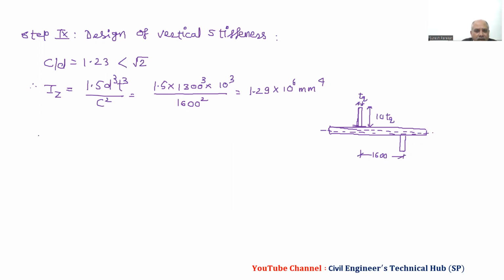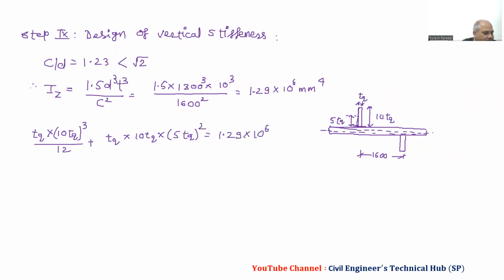And then we have this value bd cube by 12: tq into d, that is 10 tq cube, divided by 12, plus A h square. Area is tq into 10 tq, multiplied by h square. We have to take the value from center, which will be 5 tq, which is h. So into 5 tq whole square, which is equal to 1.29 into 10 raised to 6.